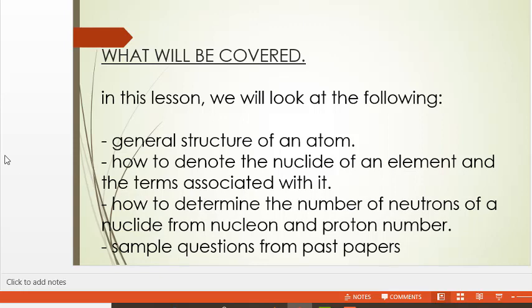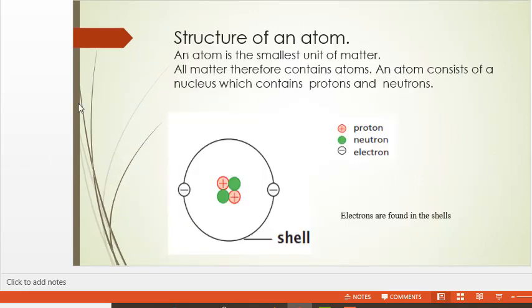So the first thing is we want to look at how an atom is structured. To begin with, we understand that matter is built from atoms, or in short, atoms are the basic building blocks of matter.